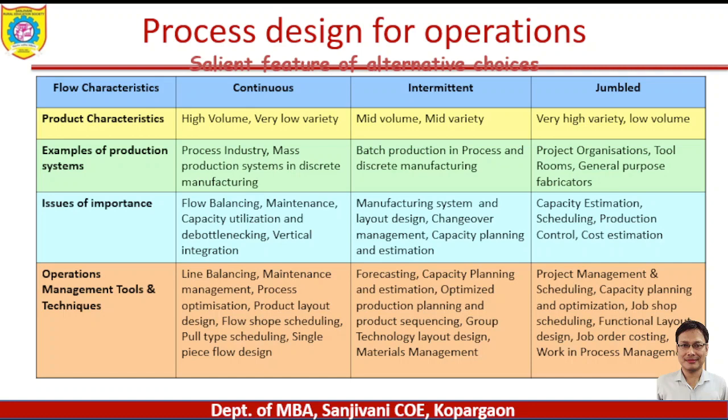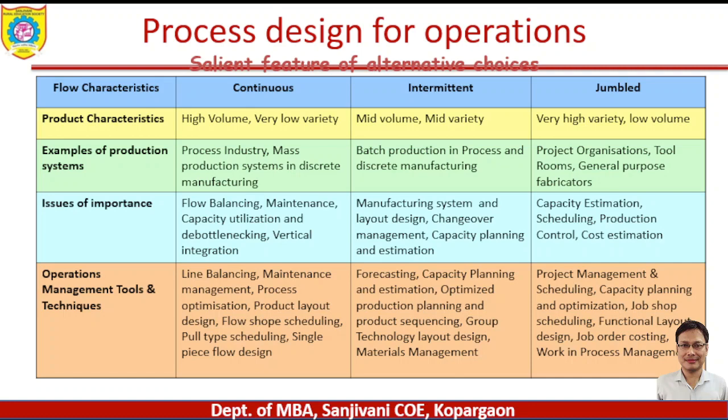We can use continuous flow in operations in a manufacturing setup. Continuous flow is usually used for products with high volume and with very low variety.